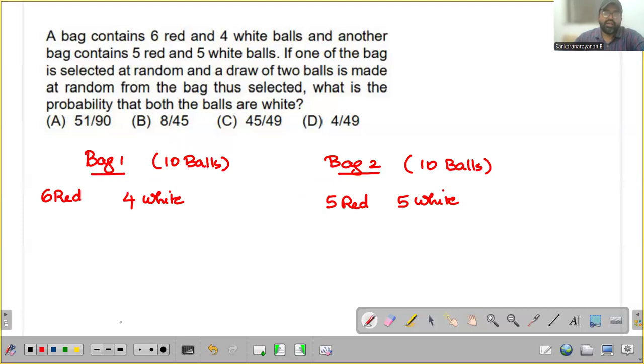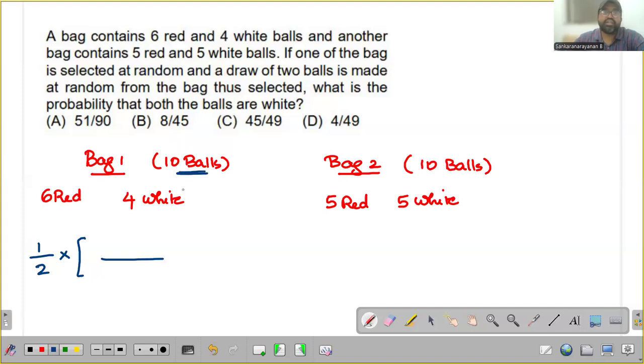So let us consider the chance that bag 1 is selected, it is 1 by 2. Okay, so now I have taken care of selecting bag number 1. Now in that bag number 1, I can see that altogether 10 balls are there.